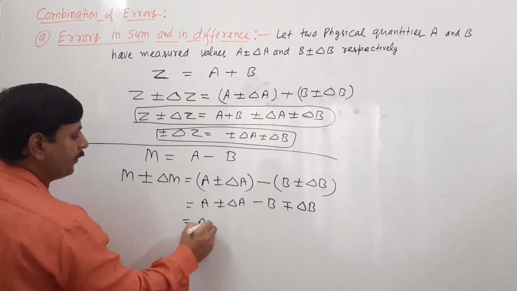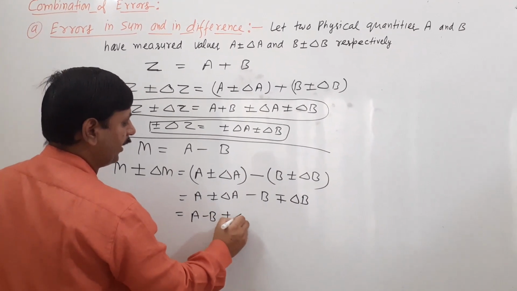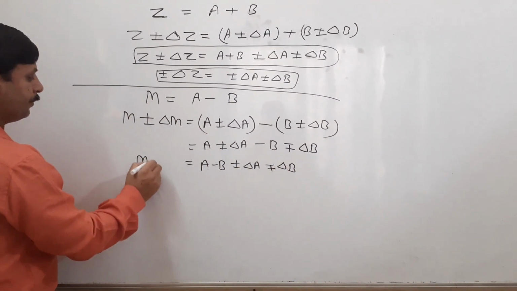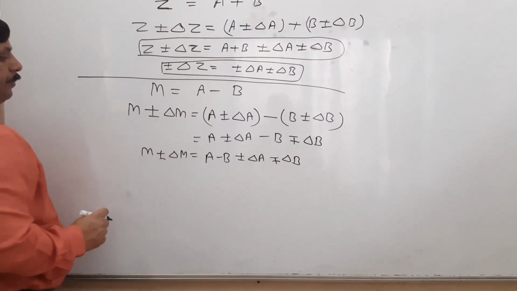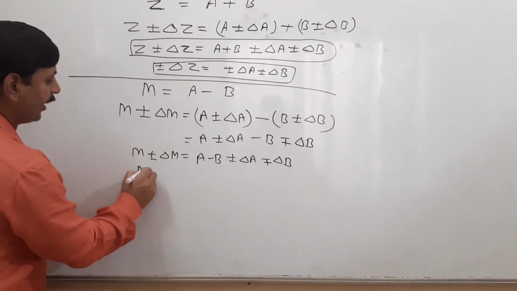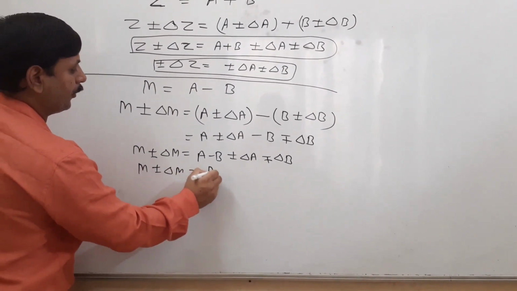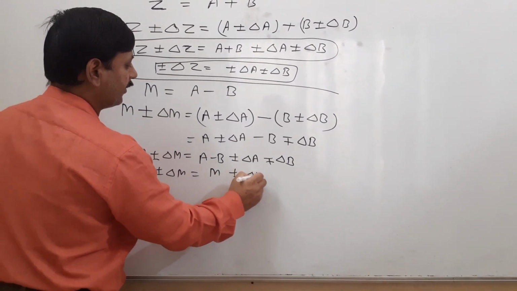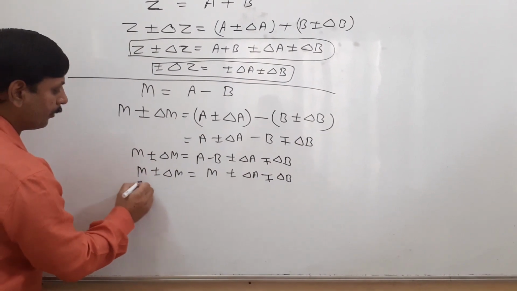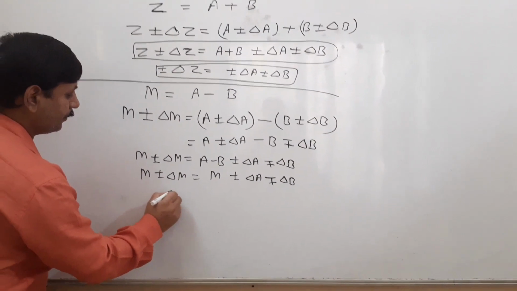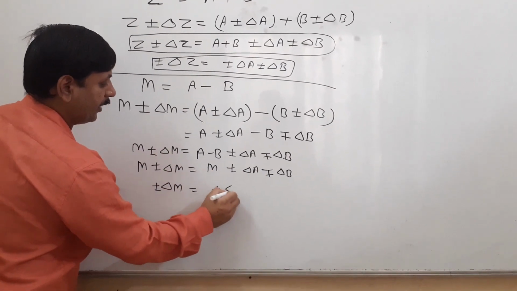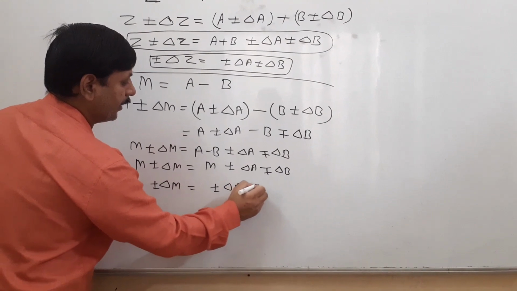Here we can write A minus B plus minus del A minus plus del B. A minus B we can write as M. Here you will see M plus minus del M is equal to M plus minus del A minus plus del B. What about del M? Plus minus del M is equal to plus minus del A minus plus del B.